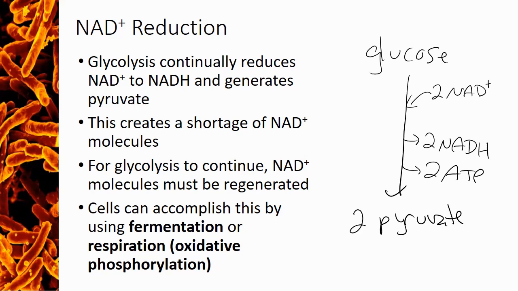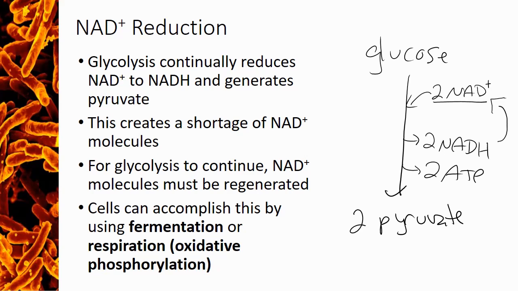In order to keep glycolysis going, we need to ensure that we have a continuous supply of NAD+, because if it runs out, this process is going to stop. This means that NADH must be able to drop off its carried electrons somewhere in order to reform the NAD+ that is required.